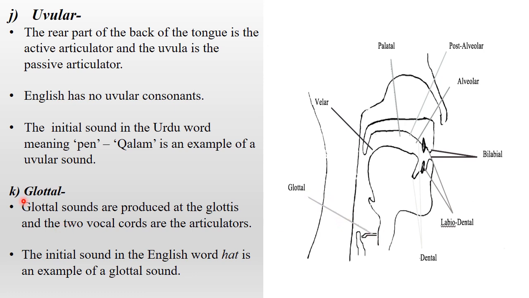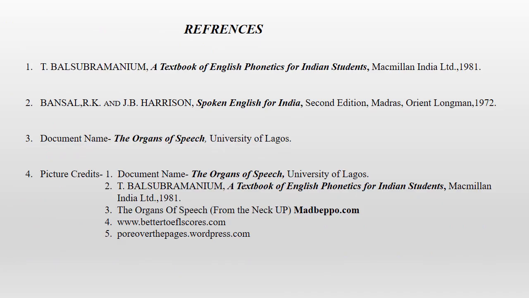That is why that sound is called glottal. So this is all about the study of consonants, the place of articulation and the manner of articulation, based on which the consonants are described, and we have already seen everything about it.